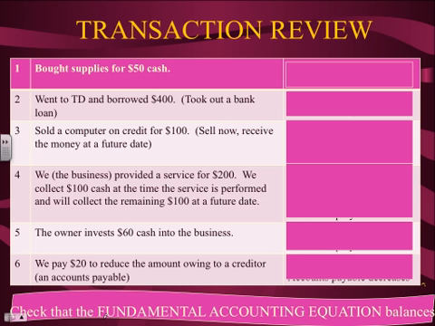Really quickly for transaction review, the first transaction, we bought supplies for $50 cash. So think about it. What happened here? Cash and supplies. Supplies were bought, so that means they go up, and cash was used, so it goes down. This is wrong.